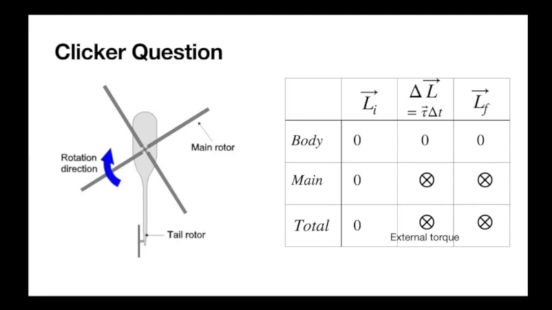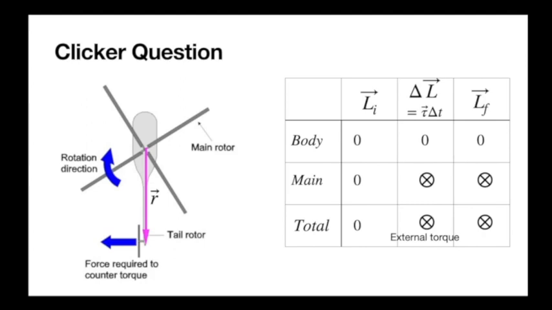And that external torque must be into the page. And so if we need to produce a torque that's into the page from the tail rotor, right? Into the page would mean, again, clockwise. And so if we want to produce a clockwise force at the location of the tail rotor, that gives us that the direction is to the left, right?